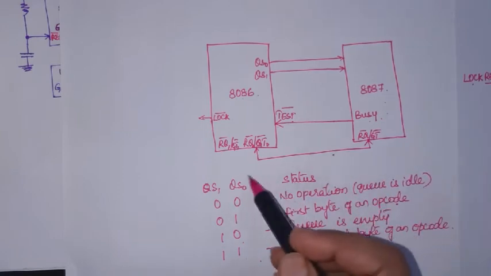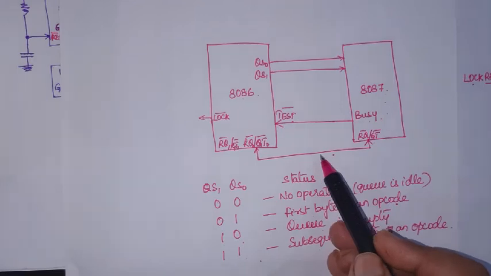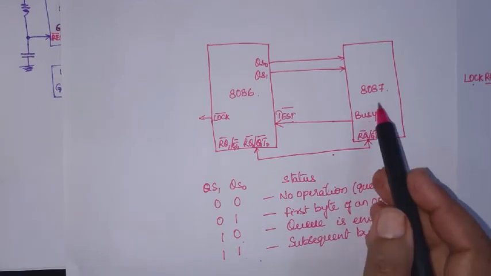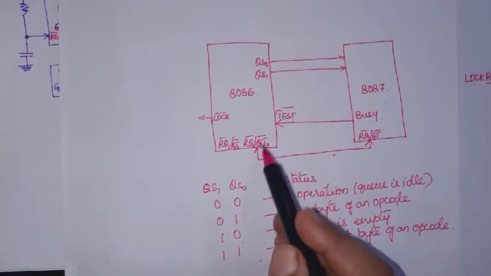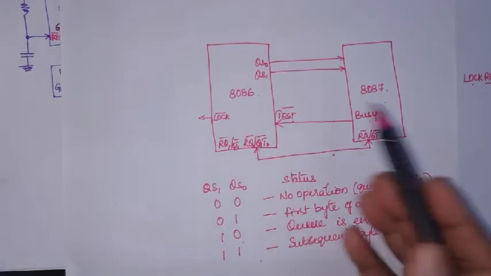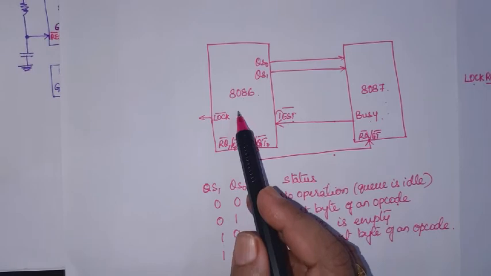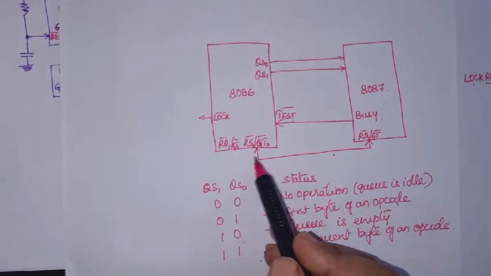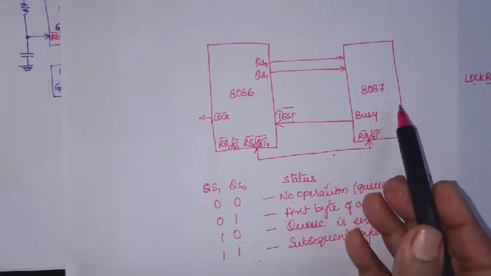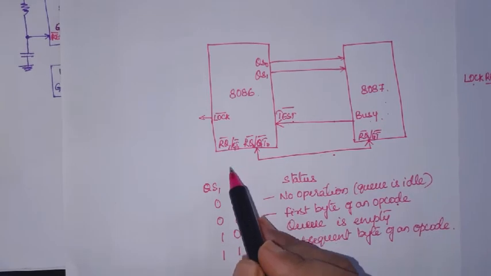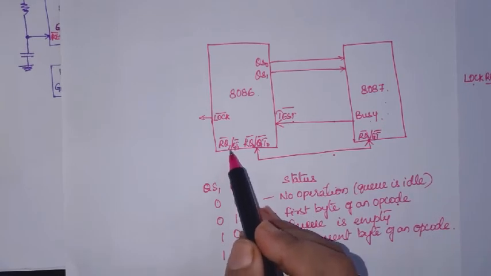When the 8087 is the master of the system bus, then 8086 can send a request for the system bus to the coprocessor. It will send a request signal to the coprocessor, and when the coprocessor is ready to give back the system bus to the processor, it will send a grant signal. If the 8089 IO processor is also present here, then another request grant is required.